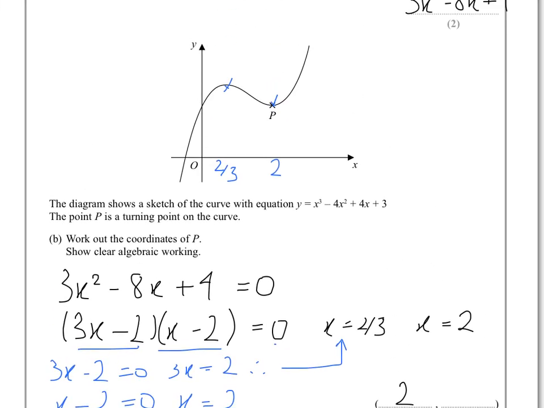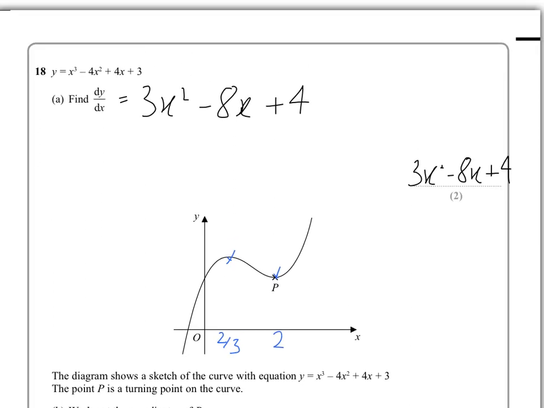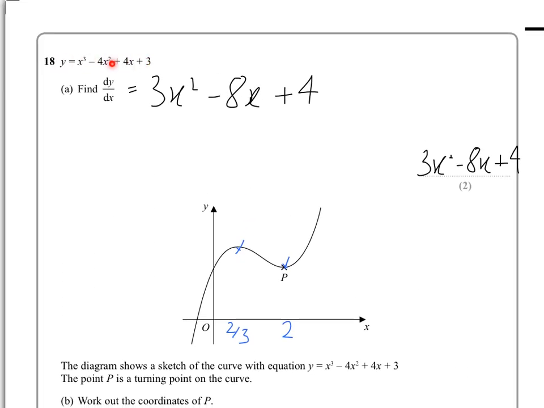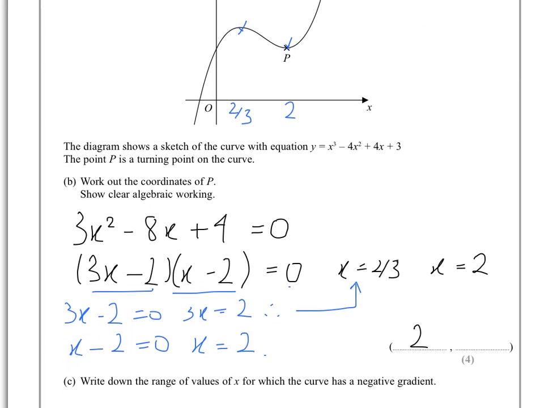So we substitute that value 2 into this equation here, and what you end up with is 2 cubed is 8, minus 4 times 2 squared is minus 16, plus 4 times 2 is plus 8, and then of course 3 is just 3 on its own. And what we can see from this is that the 8 and the 8 and minus 16 will cancel, and we'll get left with 3.